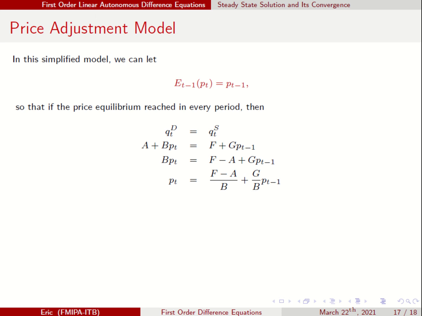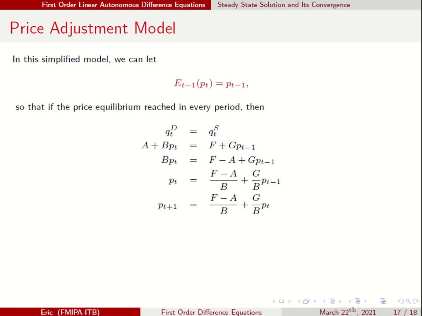Don't forget, this is just a constant. So you have A p_{t-1} plus B. You can shift the time by 1, so you have p_{t+1} equals this plus this times p_t. So this is just a first order difference equation.